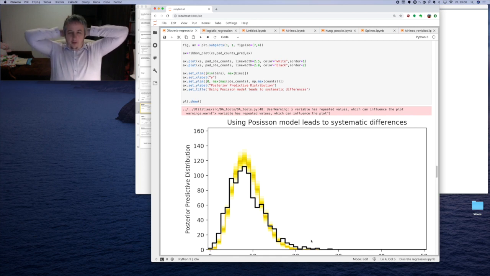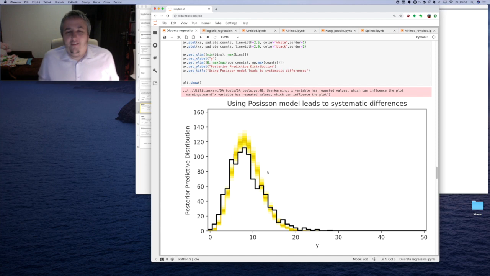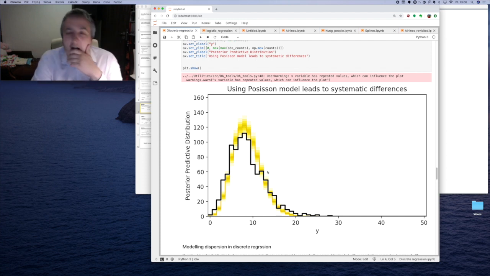And the model isn't terrible, but we can see there are certain systematic differences. Remember, when we are doing posterior predictive checks, so we are simulating from the posterior, we do not expect that our data will be exactly in the middle of our simulation. No, but we need to have it possible, and individual deviations are not a problem.